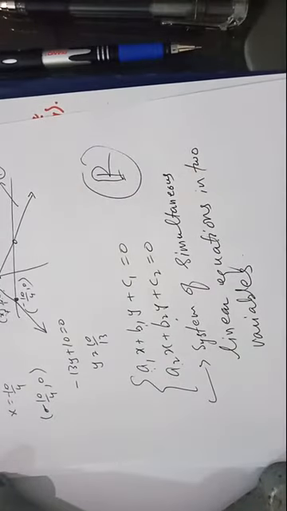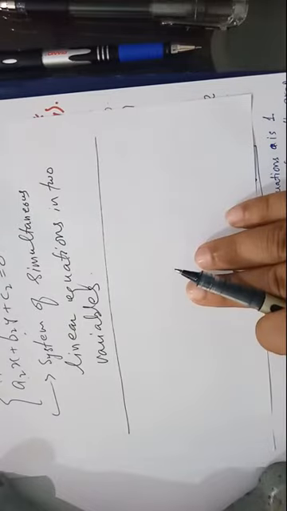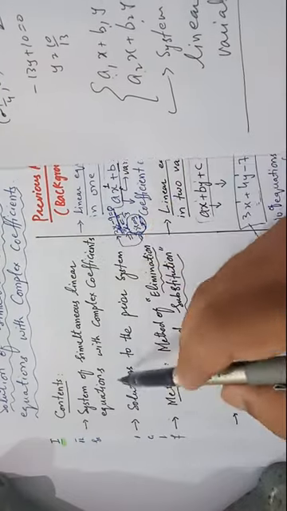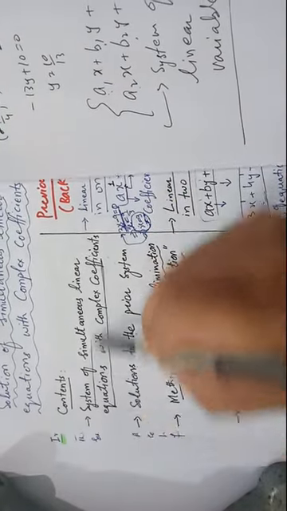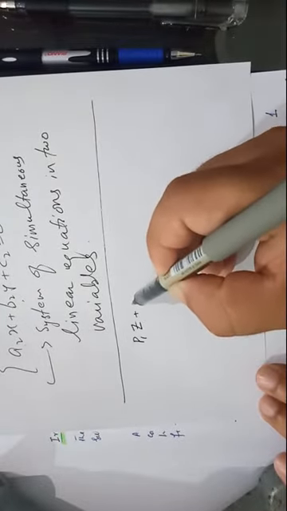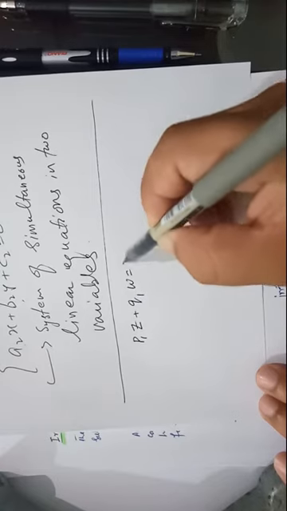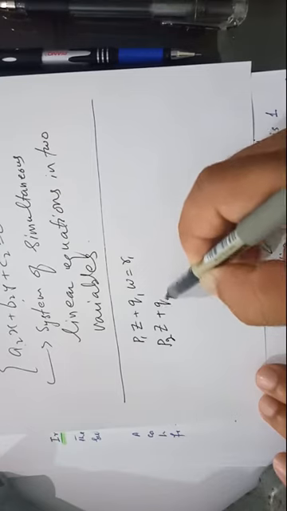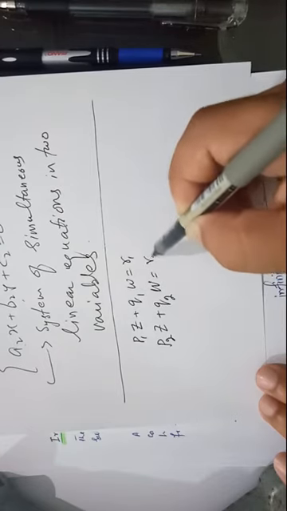But in chapter number 1 we are actually discussing complex variables, complex numbers. So the system of simultaneous linear equations with complex coefficients is p1 z plus q1 w equal to r1, p2 z plus q2 w is equal to r2.